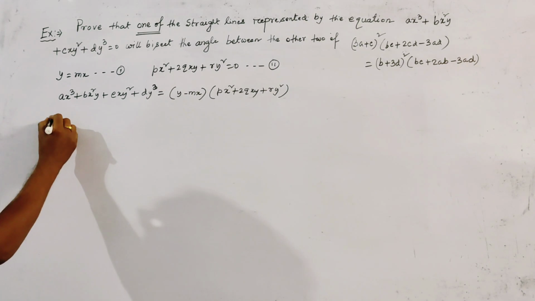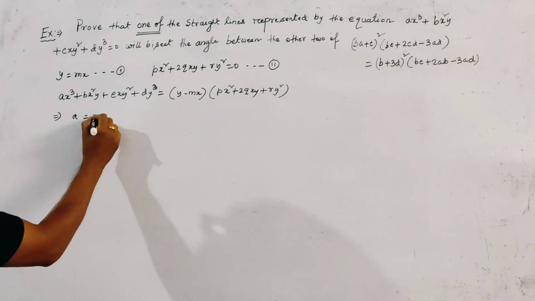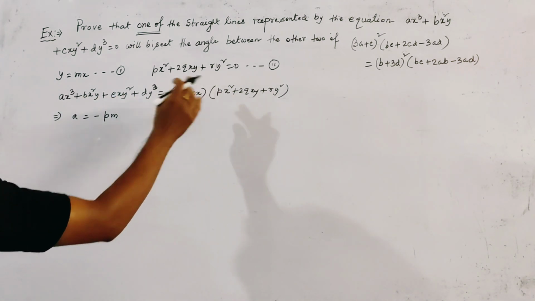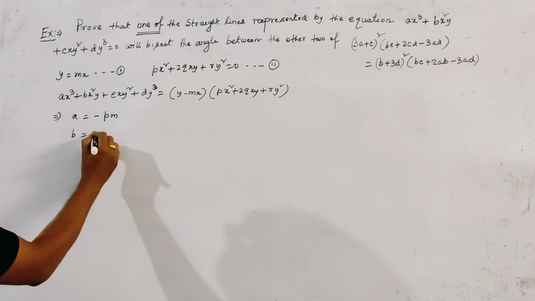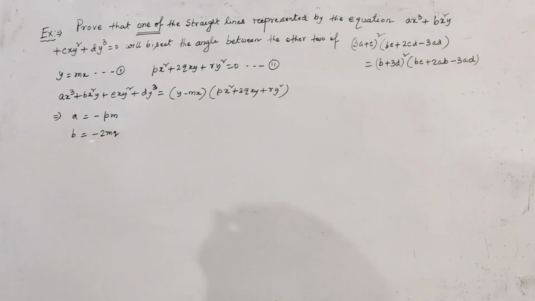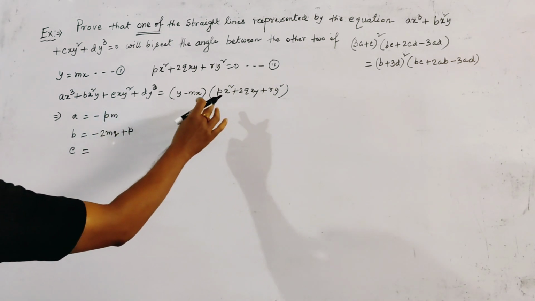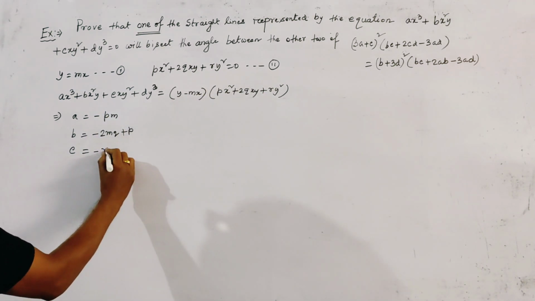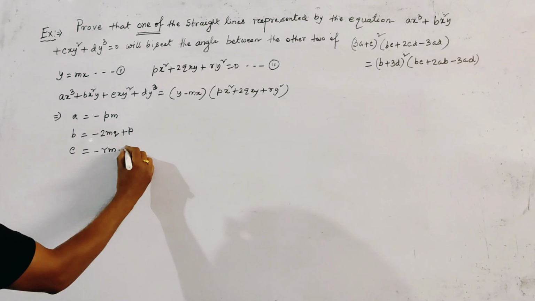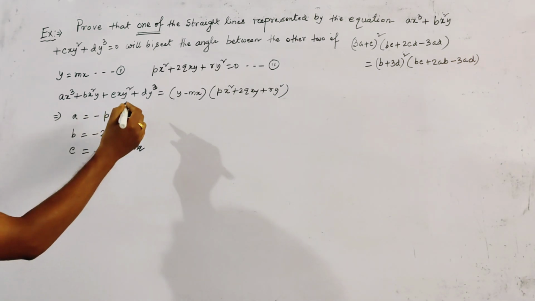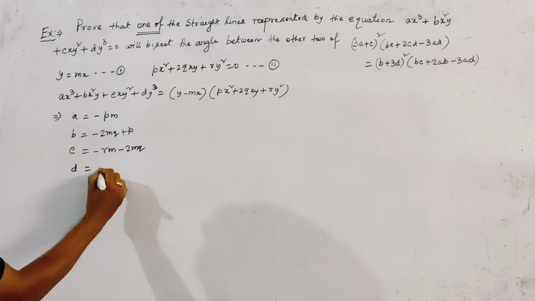Now comparing equal powers from both sides of this relation, we get a equals minus pm, the power of x cube, and b, the coefficient of x square y, is 2m cube plus p, and c, the coefficient of xy square, is minus rm plus 2q, and d is the coefficient of y cube, which is r only.